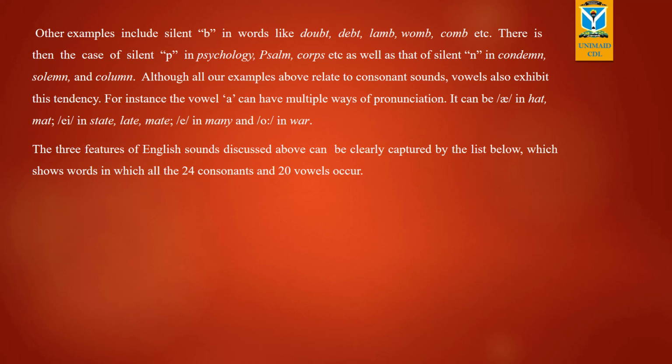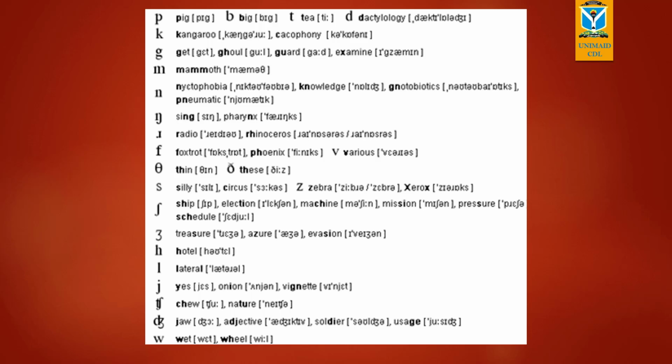The three features of English sounds discussed above can be clearly captured by the list below, which shows words in which all the 24 consonants and the 20 vowels occur. Then you have what we call just an example of sounds description. That is exemplifying the sounds.